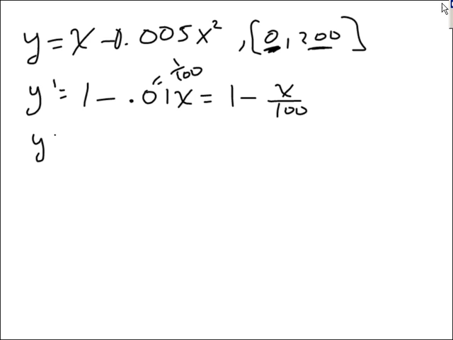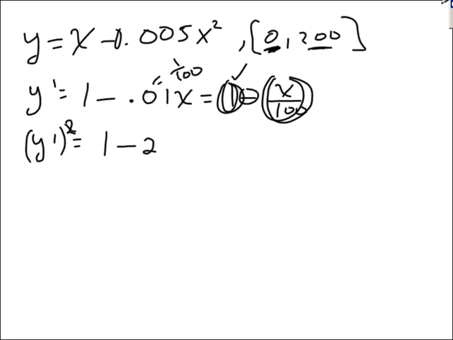Now, y prime squared, you have to learn how to square. You get the 1 squared, which is 1, minus, because there's a minus here, 2 times this times that. This times that should be first grade. Why? Because we're multiplying by 1. We get x over 100, plus the second squared. X squared over 100 squared. What's 100 times 100?